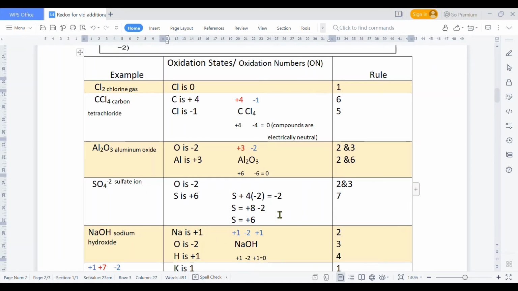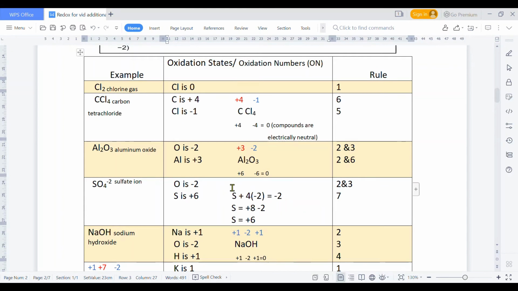Because it is an ion with a charge of -2, we will also equate the equation with -2. S plus 4 oxygen times the oxidation number, which is -2, is equal to -2.